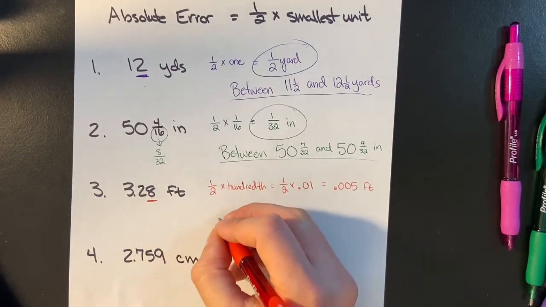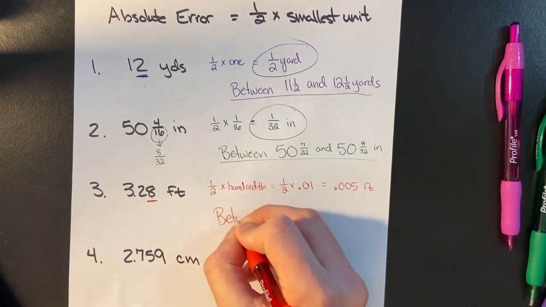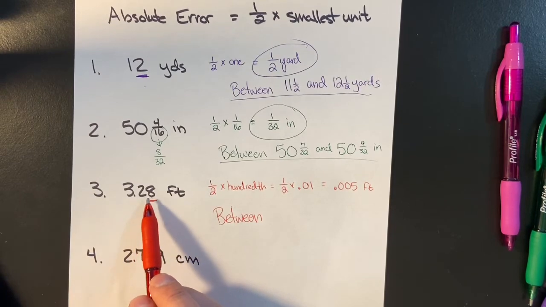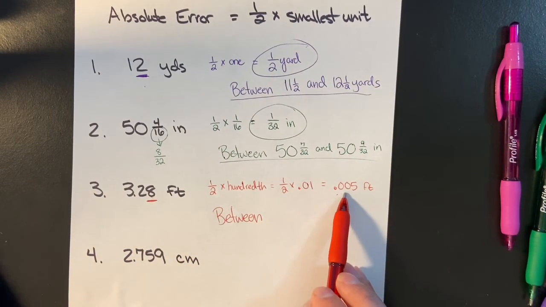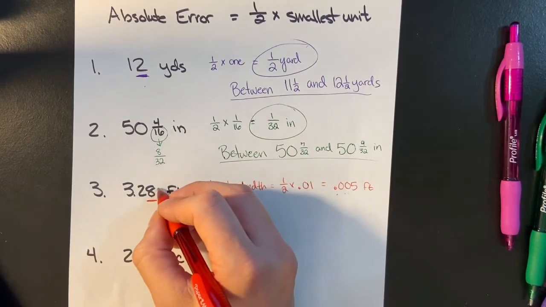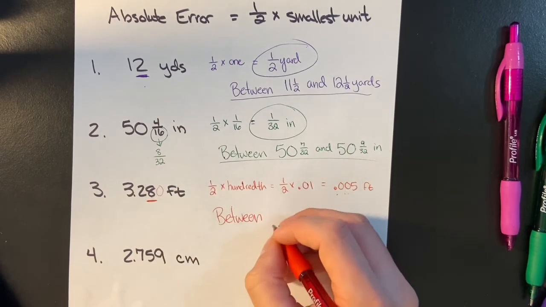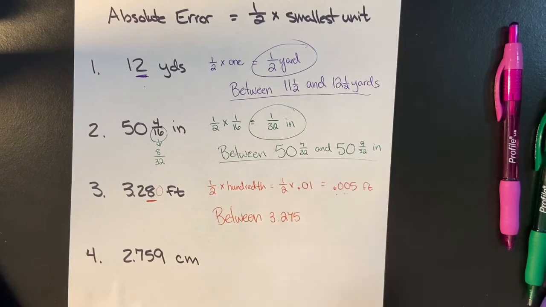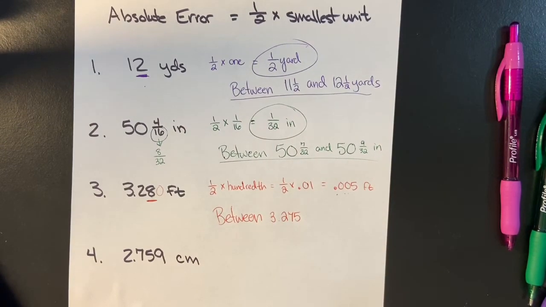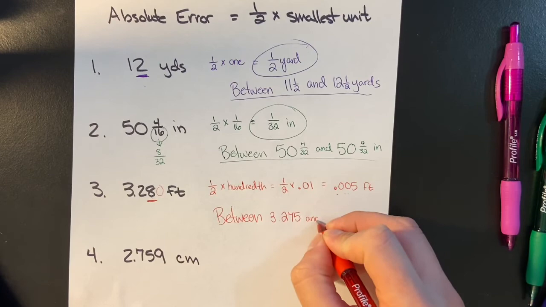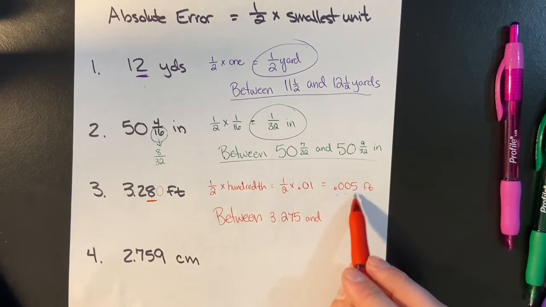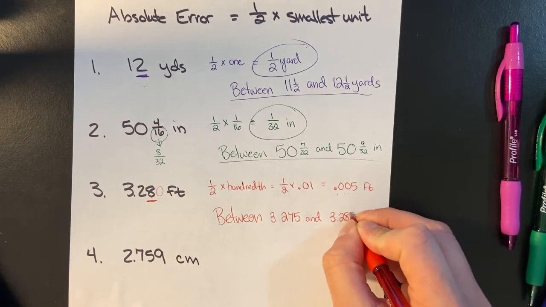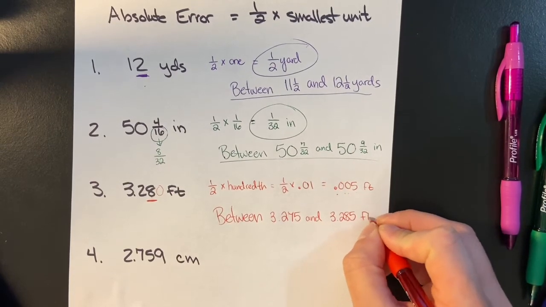So when I want to find out the exact measurement, it's going to be in between 3.28 minus 0.005, so if you just want to pretend that there's a 0 there for now, 3.275 feet, and one more than that, 3.285 feet.